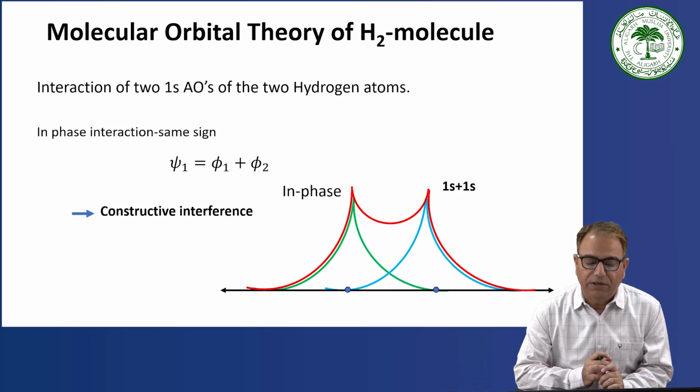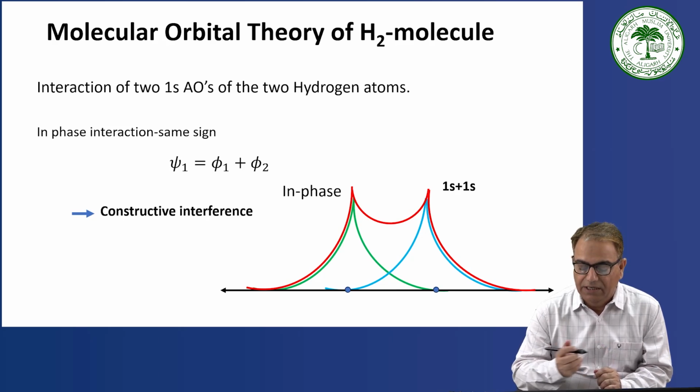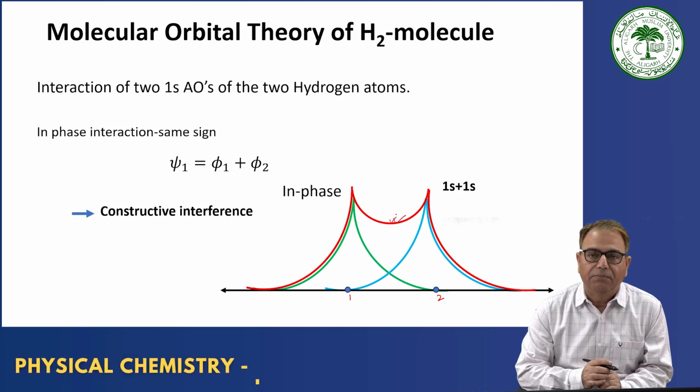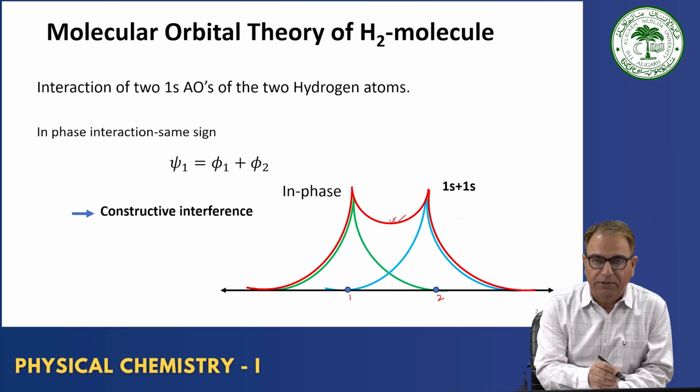When the two combine, there is constructive and destructive interference. You are already aware that when 1s and 1s interact, between the nuclei, nucleus 1 and nucleus 2, the electron density increases when there is positive, constructive interference, and the molecular orbital you obtain can be written as psi equals phi 1 plus phi 2.